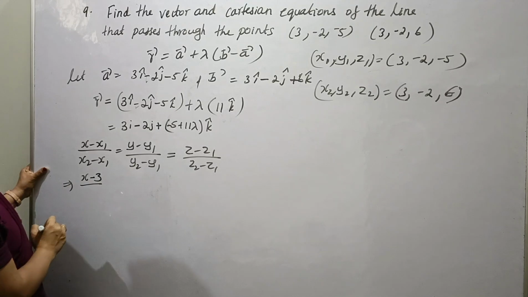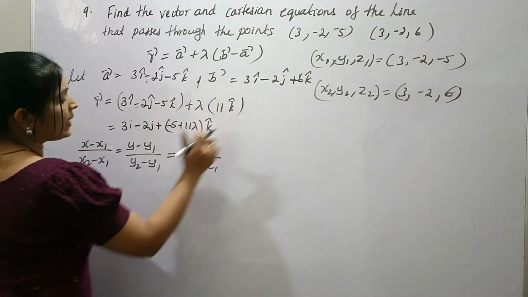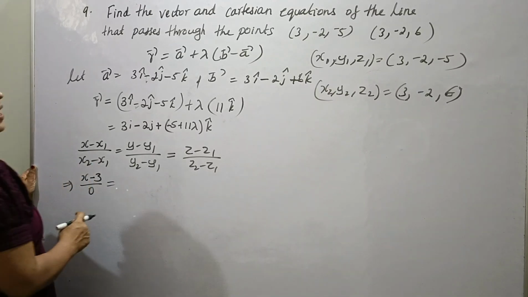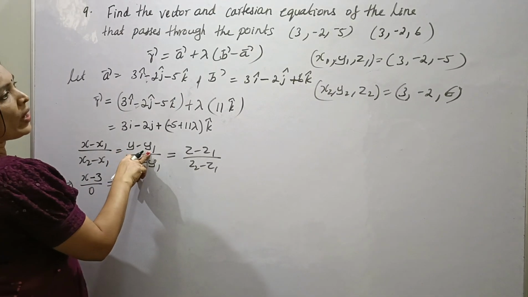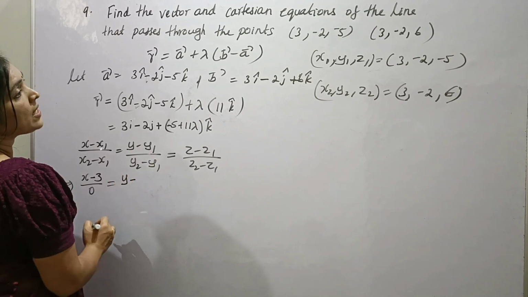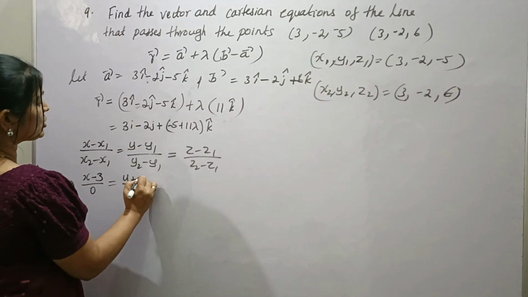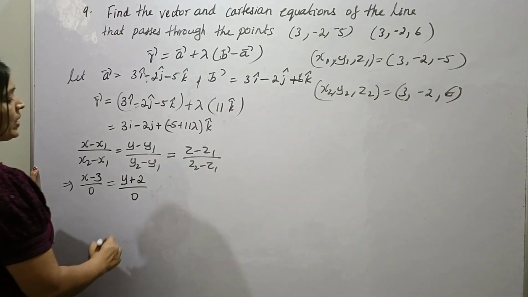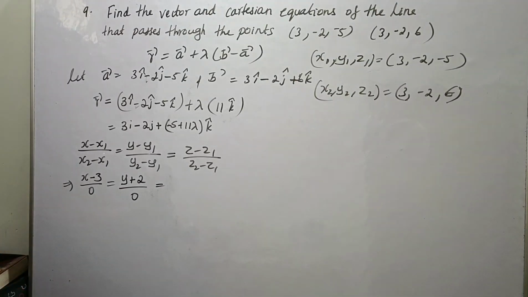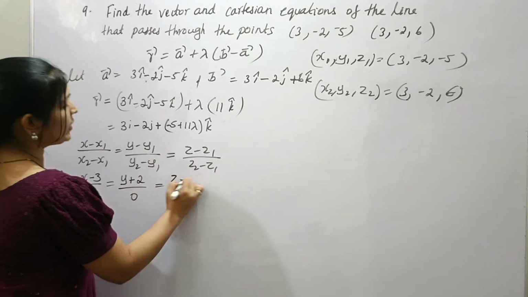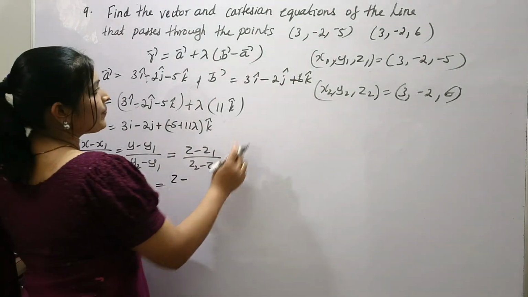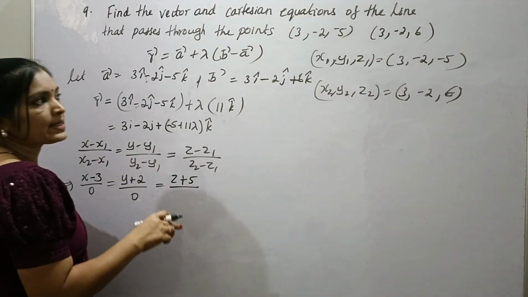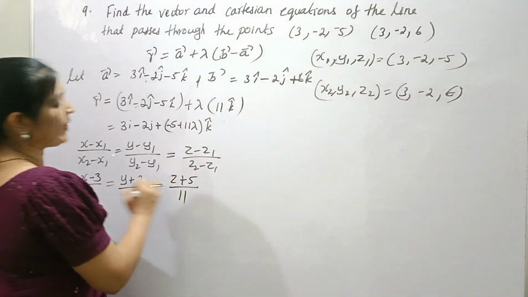(x - 3) divided by (3 - 3), that is 0, is equal to, next, (y - y1), that is y plus 2, divided by (y2 - y1), that is also 0, is equal to, next, (z - z1), that is z plus 5, divided by (6 - (-5)), that is 11.